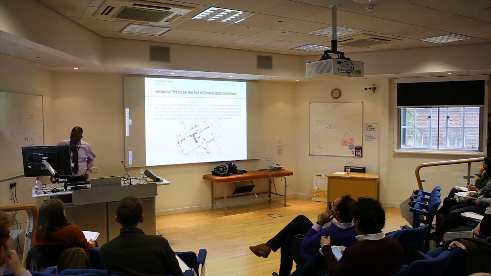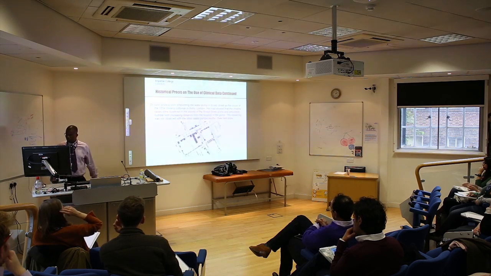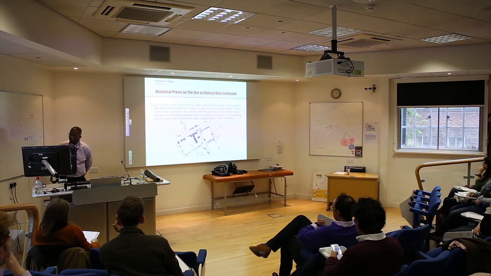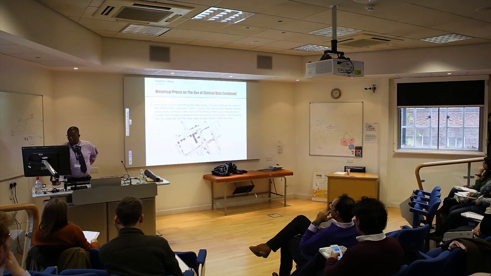Another key point in the use of data to understand clinical events was John Snow's work during the 1854 cholera outbreak in Soho, London, not too far from where we are now.